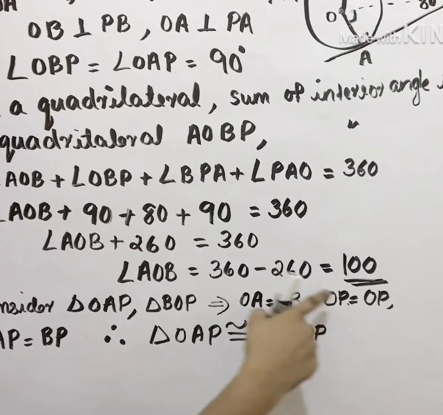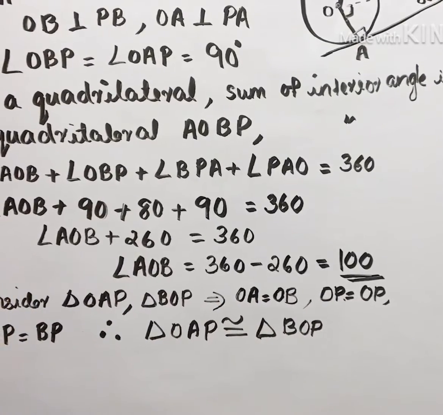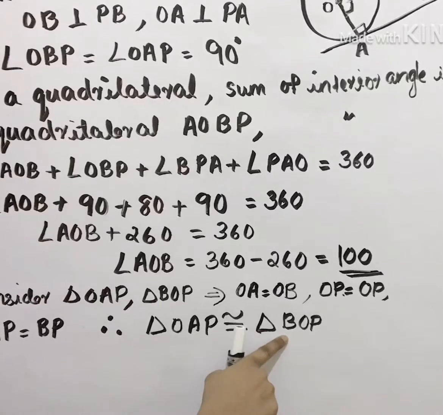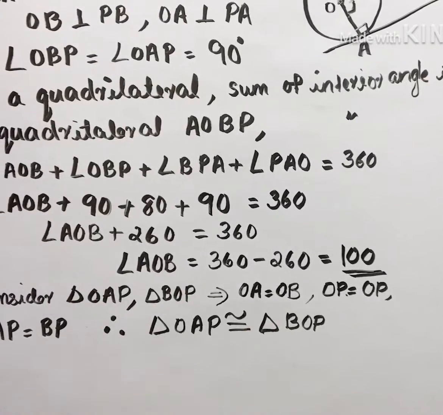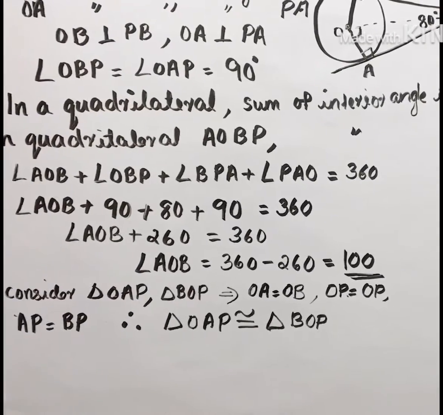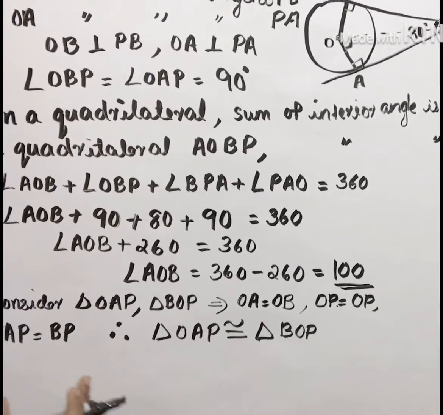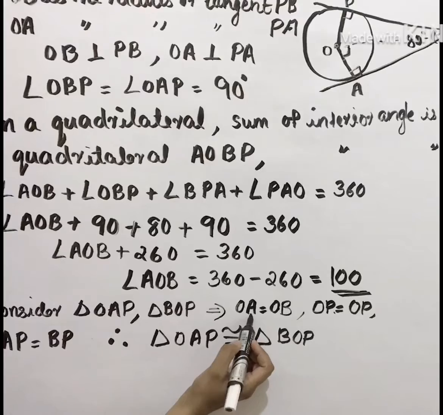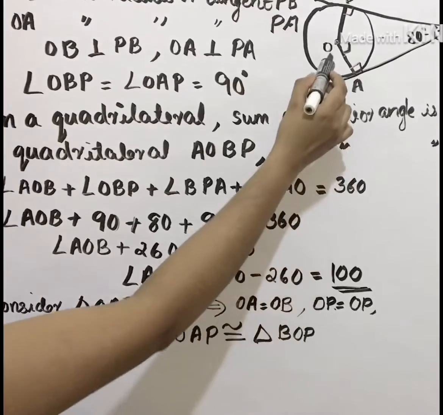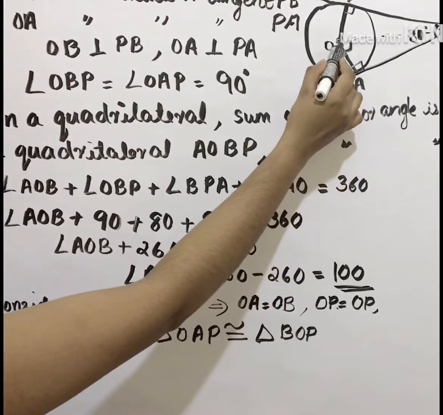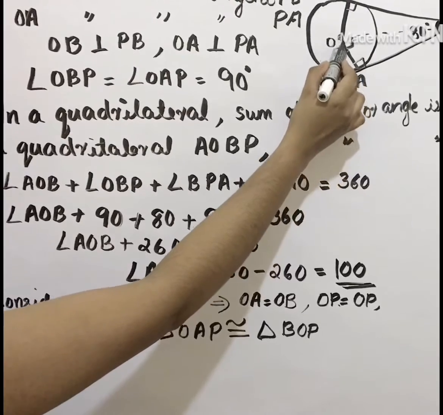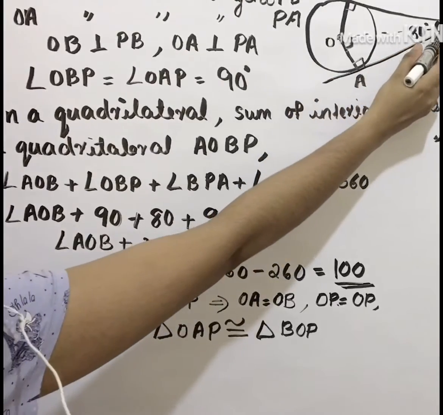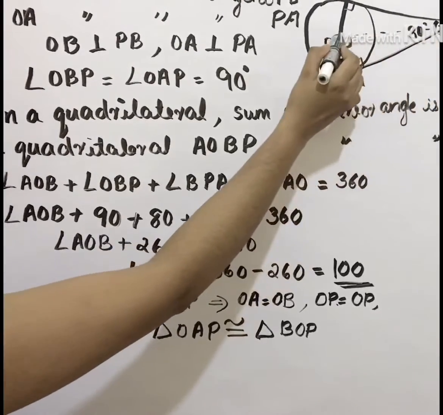So the three sides of the two triangles are equal. Therefore we can say that the angles opposite to the equal sides are equal.